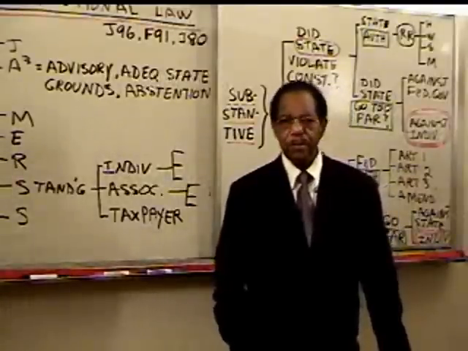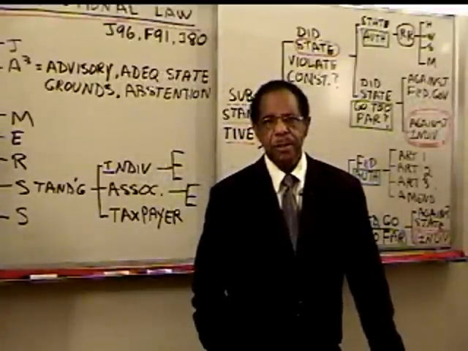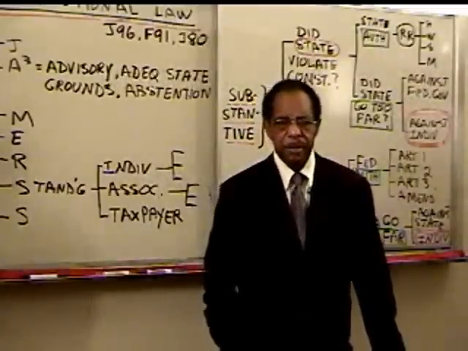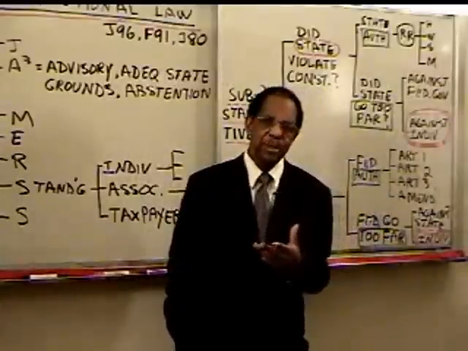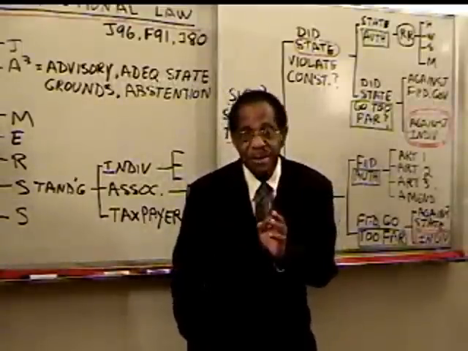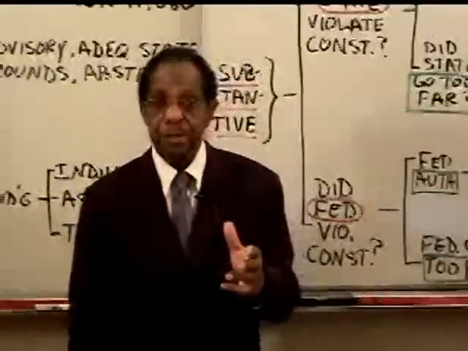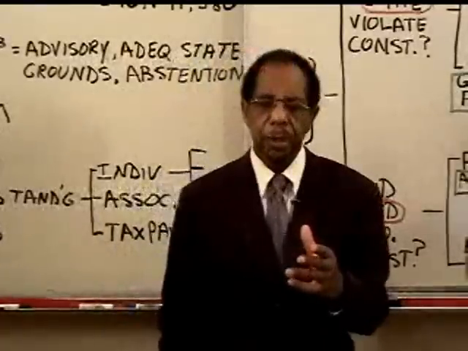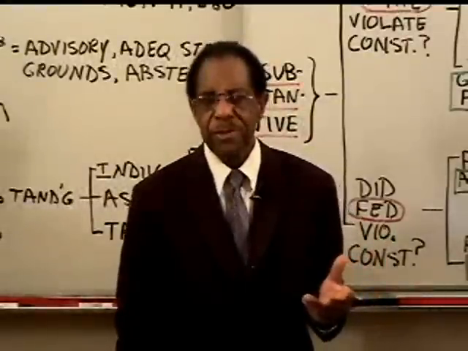Well, if you go to federal court saying that the federal Constitution has been violated, that's certainly a reason to be in federal court. Problem is that the state law, let's suppose that this is a relatively new state law, and it has not been interpreted, and it is possible that this new state law could be interpreted in such a way as to save the state law from violating the U.S. Constitution.